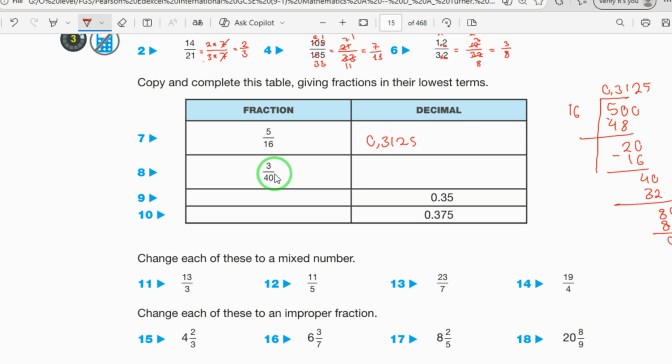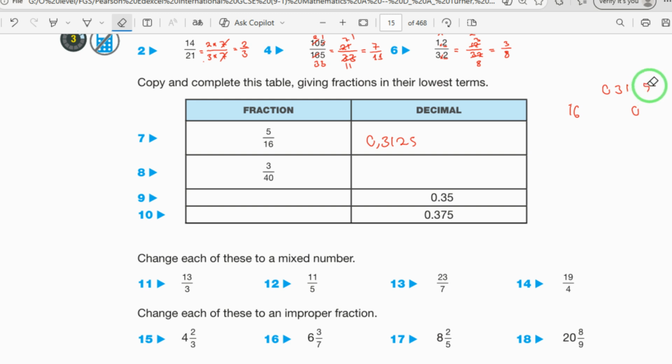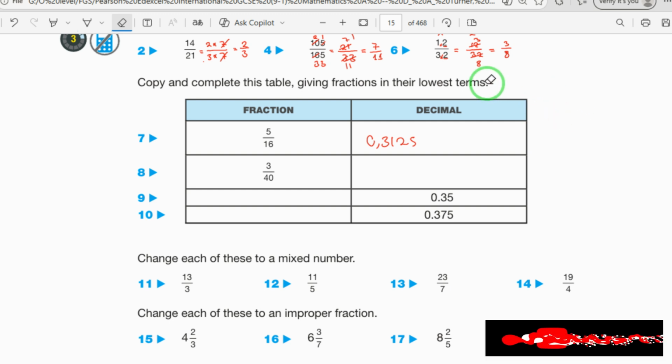3 divided by 40. So here the same, we divide 3 by 40.